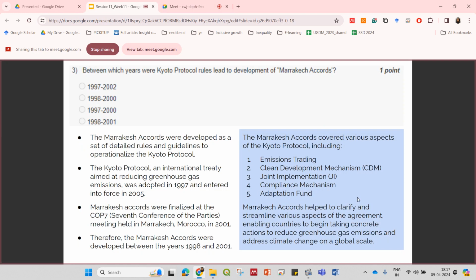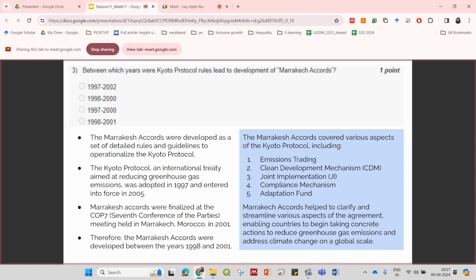So that is one part. Another part is the clean development mechanism. So it set up rules and regulations for what mechanism you can follow, so that instead of having development which is not sustainable, which is riddled with a lot of emissions, a lot of greenhouse gases, you can have development which is clean. Next is joint implementation.